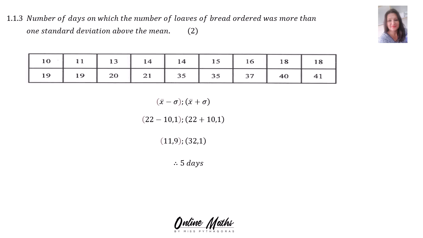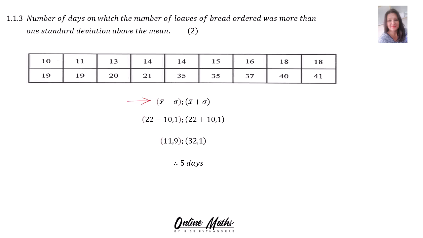1.3. Calculate the number of days on which the number of loaves of bread ordered was more than 1 standard deviation above the mean. Now, when a data set is normally distributed, we can say that 68% of the values lie within 1 standard deviation from the mean. So I have a little formula for you here.